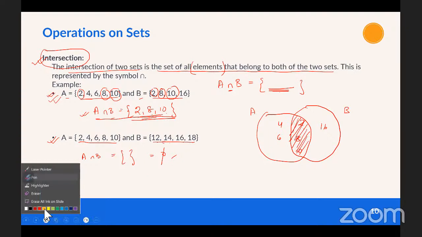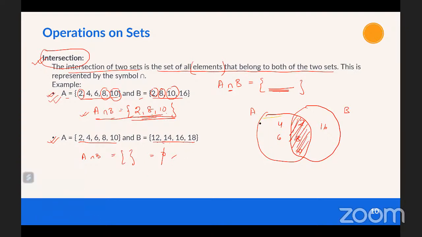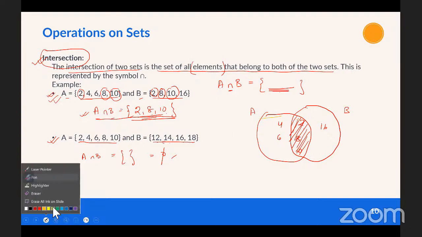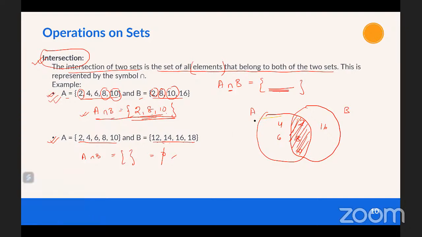Now, if I ask you, what is the union? So union is this region. Let me change the color to a good color, which you can see. So we have seen this is the intersection. So what will be the union? Union will contain all the elements which are present in both the sets. This region will be union.